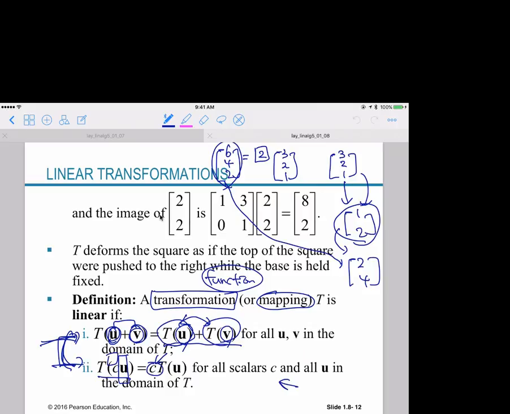I didn't say anything about this transformation between the vectors, but if I say that the transformation satisfies these two conditions, then it is always the case that such a function is defined as matrix multiplication.